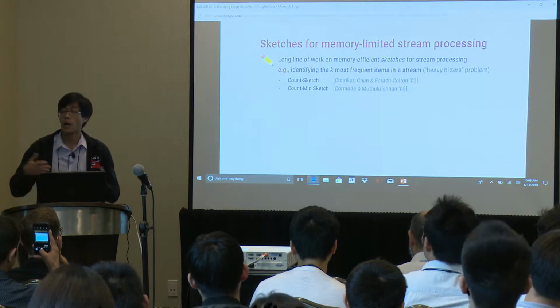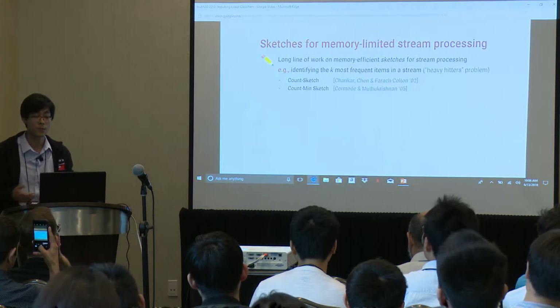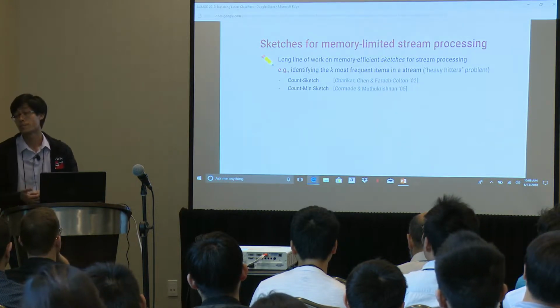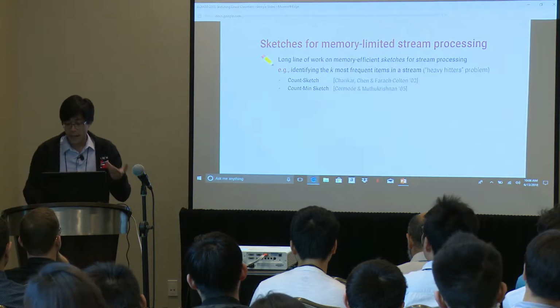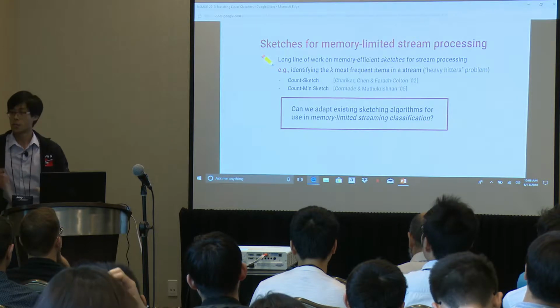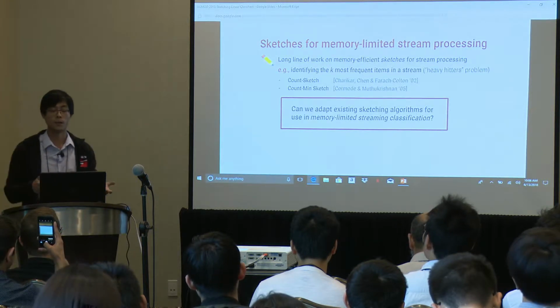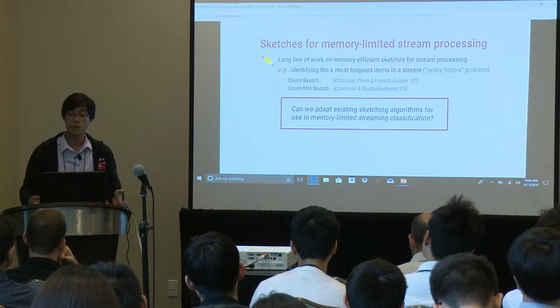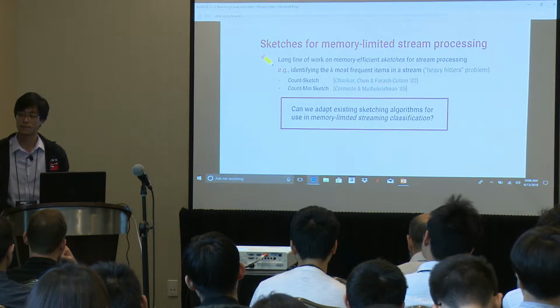Two well-known algorithms that solve this problem are the count sketch and the count min sketch. So the question we ask in this paper is, can we adapt existing sketching algorithms, such as those introduced for the heavy hitters problem, for use in memory-limited streaming classification?